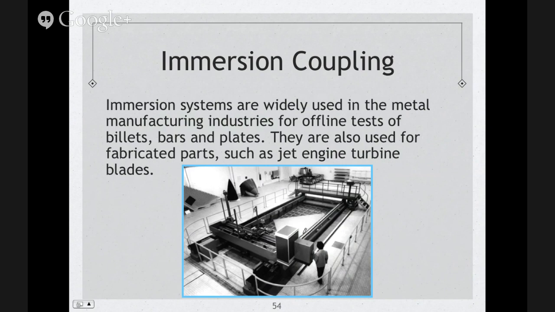So it will travel, index, travel, index, travel, index. And maybe this will put out a C-scan to tell you what kind of defects you may have. That's immersion coupling. We're using water as our coupling.